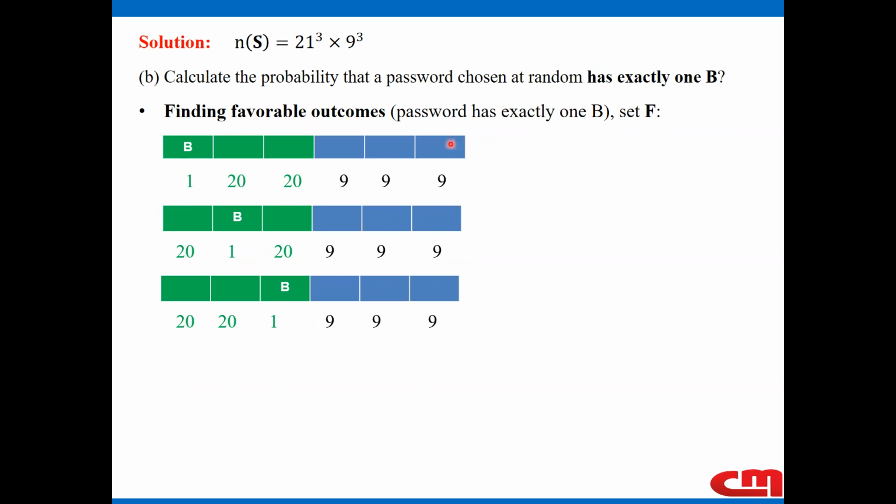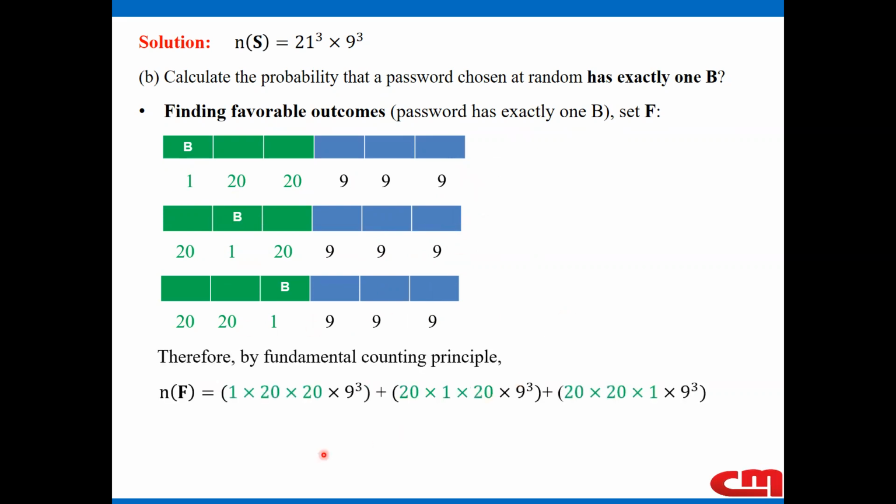So the fact that we are saying this arrangement or this arrangement or this arrangement, we are supposed to add the first arrangement plus the second plus the third. This is how it is. And the multiplication of 1 times 20 times 20 times 9 times 9 times 9 is because of the fundamental counting principle.